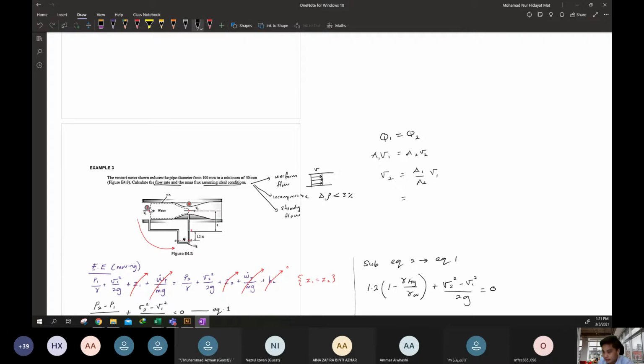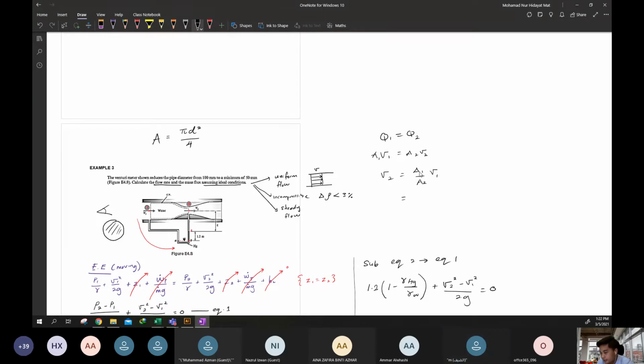What is the area shape here when you look at it? Is it rectangular or circle? Circle. Area is circle. Okay, what is the area of a circle? Pi diameter squared over 4.